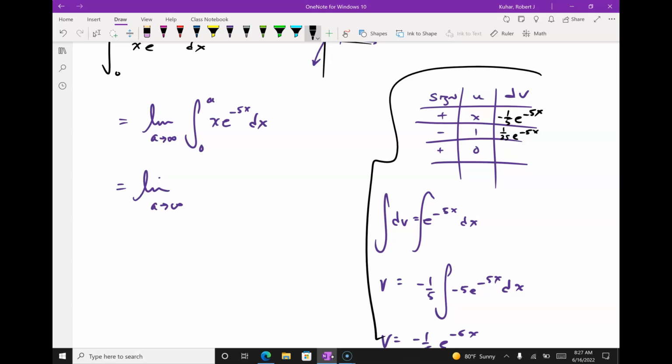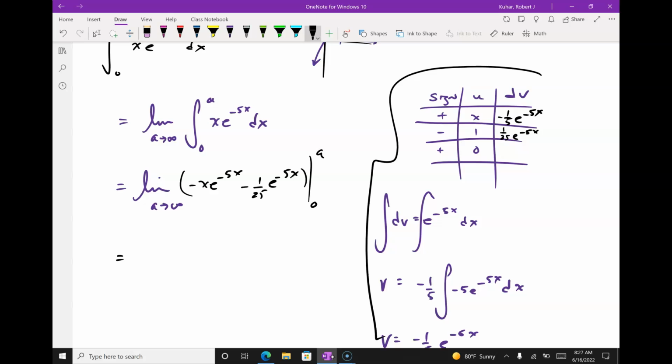So I'm doing the limit of negative x e to the minus 5x minus 1/25 e to the minus 5x, all at a and 0. Again, I'm not even looking at my limit until I'm ready to take the limit, which is after I plug in the a.